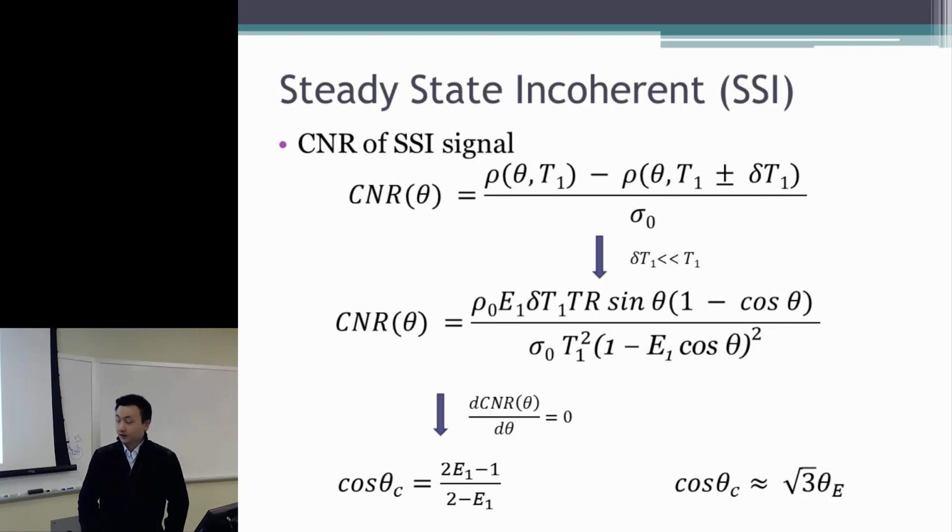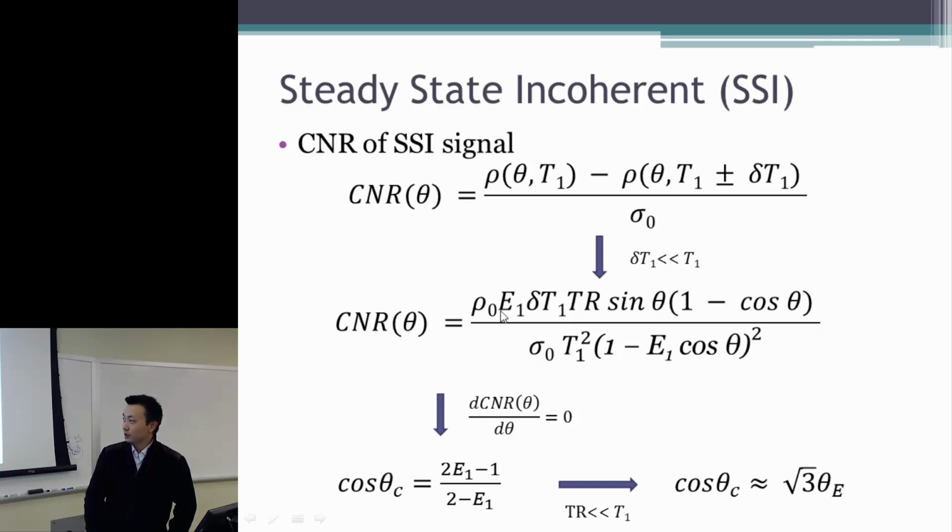All right, so this is a quick look at the contrast to noise ratio of the SSI signal. If there are T1 differences between the two tissues, and if they are not too large, then we can estimate the contrast between these two kinds of tissues. So if we have a small T1 difference, we can come up with this expression.